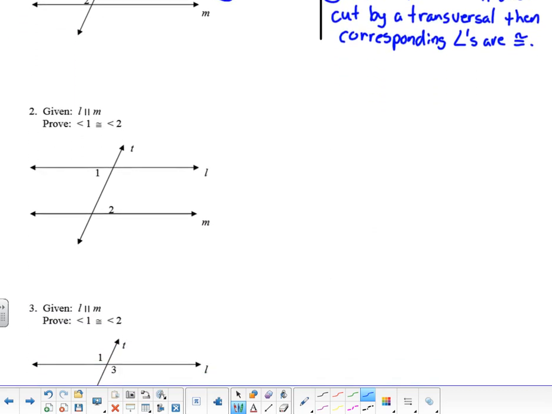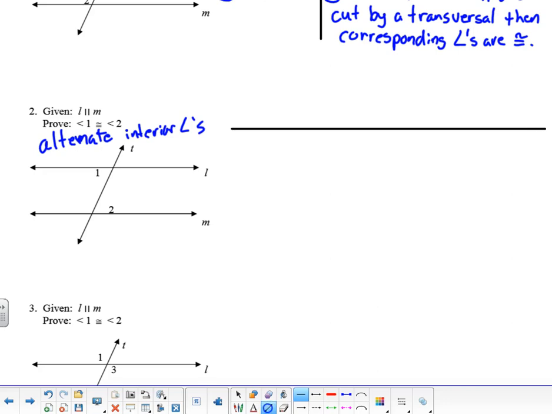Okay, so let's look here. In this setup, angle 1 and angle 2 are alternate interior angles. If 2 lines are parallel and cut by a transversal, then the alternate interior angles are congruent to each other.